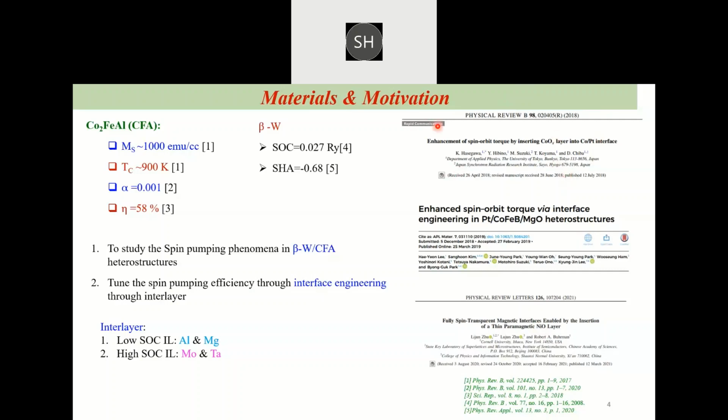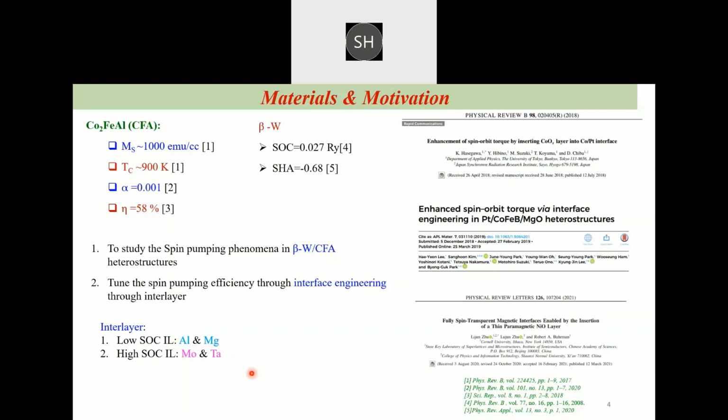But in all these reports, the main objective was to make the interface more spin transparent through this interlayer rather than taking any additional contribution from the interlayer. However, in our study, we have opted for 4 different interlayers, 2 of low SOC strength and 2 of high SOC strength. We have also varied their thickness just to observe the effect of the interlayer on the spin pumping efficiency.